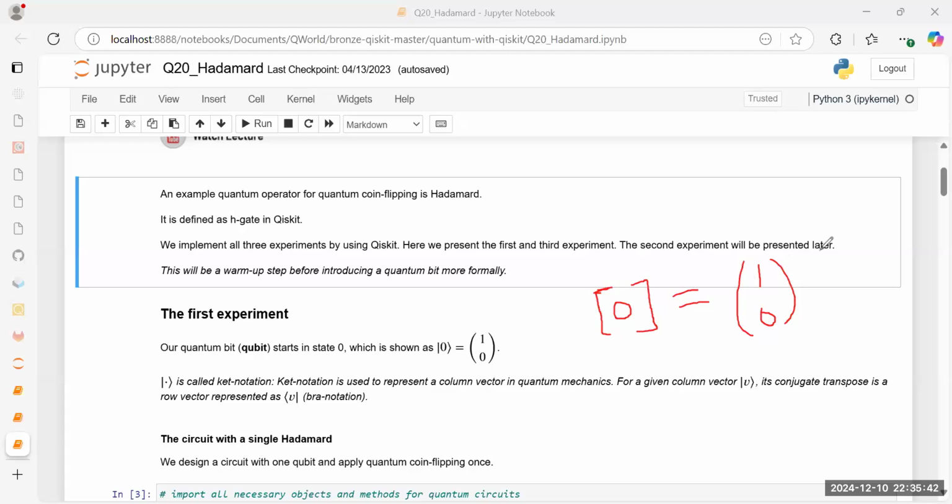So from this, we just surmise that our coin is facing head. And we also had the case where we had a 1 here, and for that, we had a different vector.